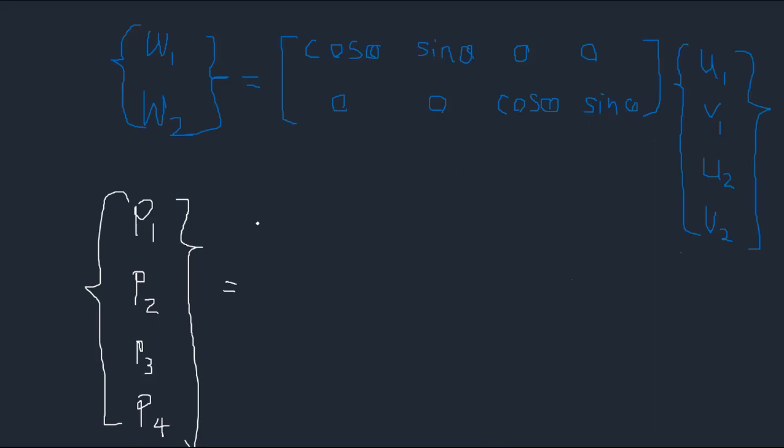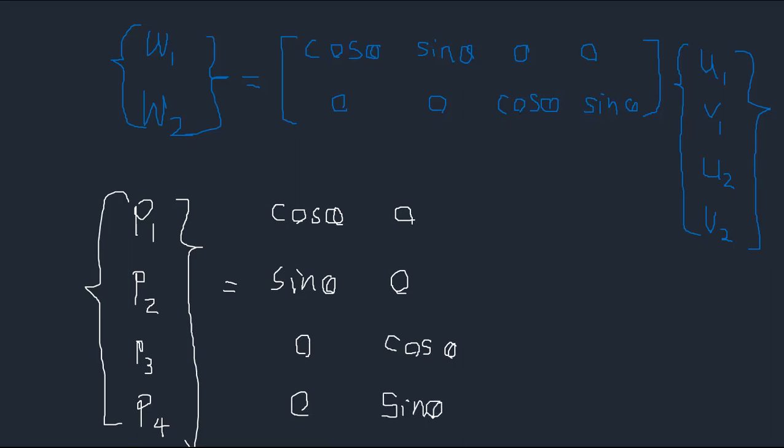Okay, P1 is directly contributed from F1 and it is cos theta, and sin theta contribution is 0. P2 is F1 sin theta, 0 from F2. This is cos theta, and this is 0 contribution from F1, but contribution from sin theta is actually in matrix form.